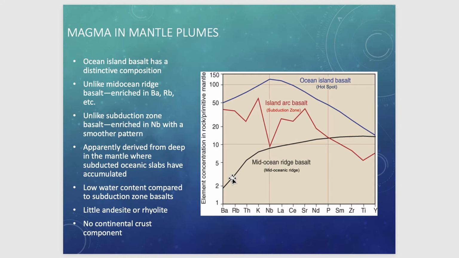So these are good criteria that can help us make this type of discrimination, and of course if you have a chemical analysis of a rock that is a basalt, you can distinguish the different types of tectonic settings related to that specific rock specimen.